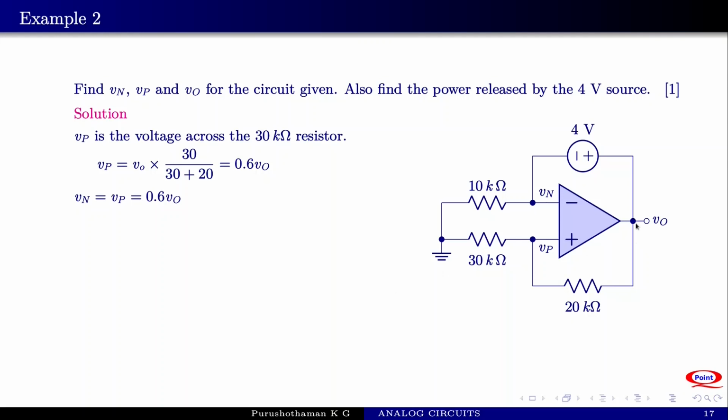Now, if you apply the potential rule, we have VO minus Vn equal to 4 volt, which means VO minus 0.6 VO equals 4. So that will give VO equal to 10 volt.